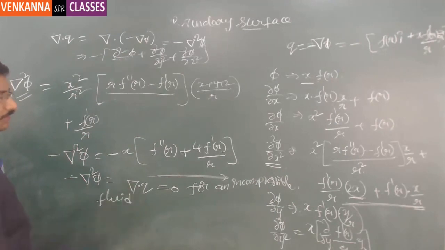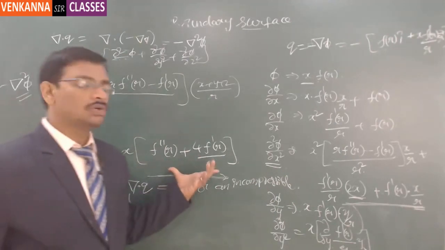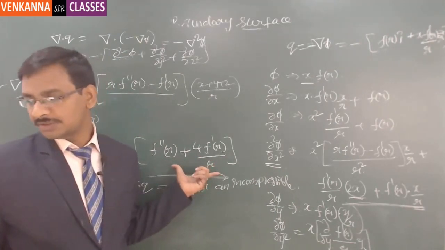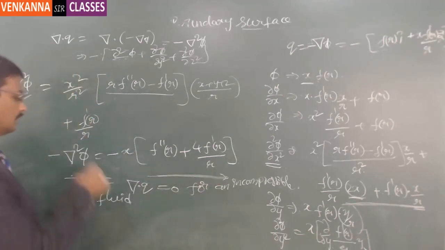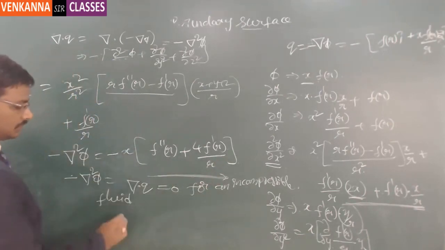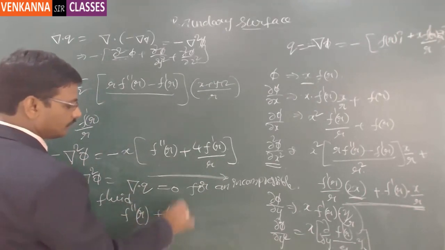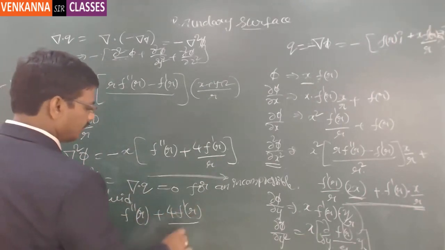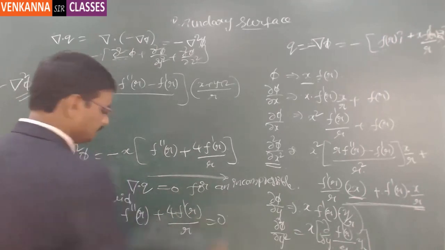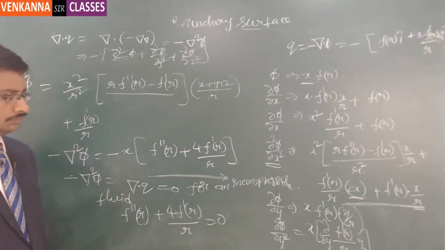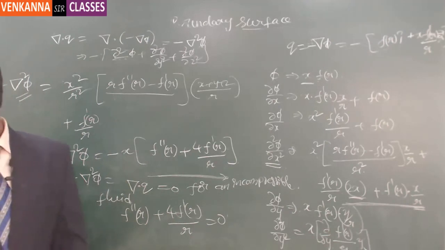If this is equal to 0, then it will be a possible form of liquid motion. So if this is equal to 0, this is del square phi, which is f double dash of r plus 4 times f dash of r divided by r. This is equal to 0. Got it?